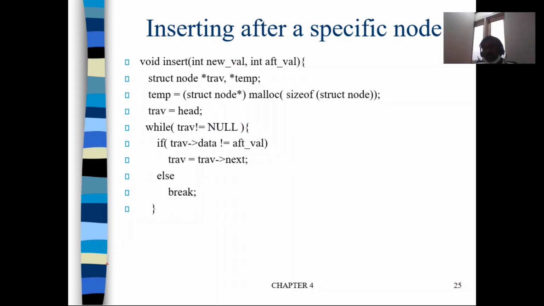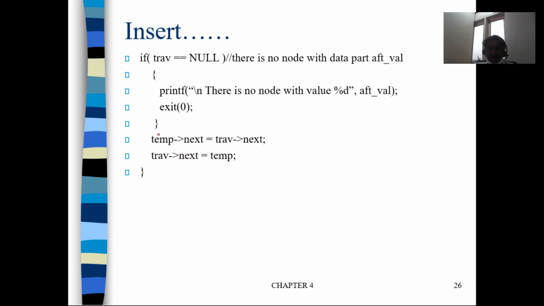Previously also the code is correct, but it is unnecessarily lengthy, and now I think we have reduced a lot, right? So you can divide the code into only two parts. One is the required declaration for the two pointers, allocating memory and making traverse point to head. Then, using the while loop, move to the particular node after which you want to insert, then perform the insertion.